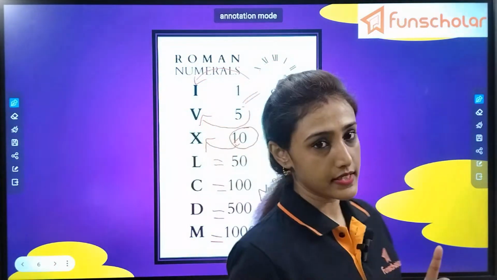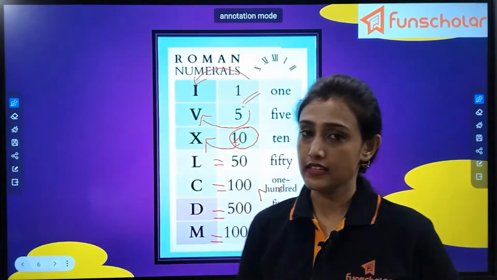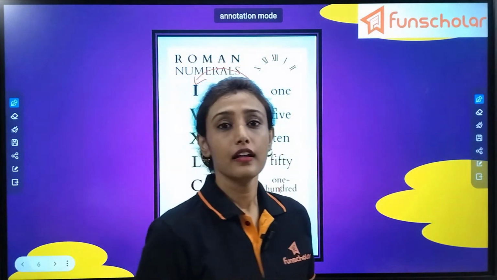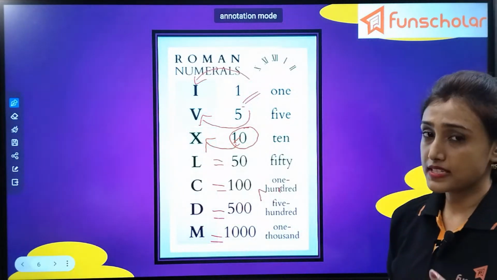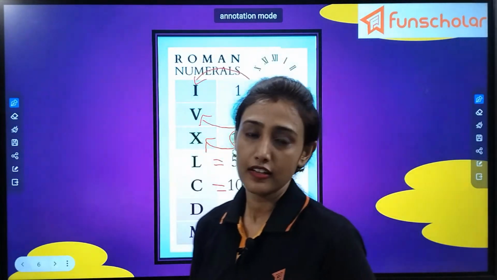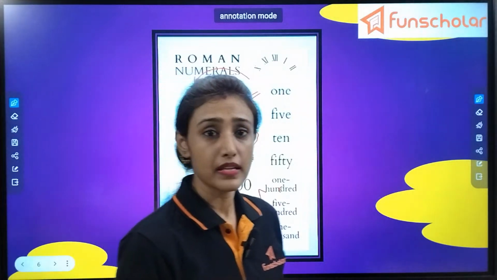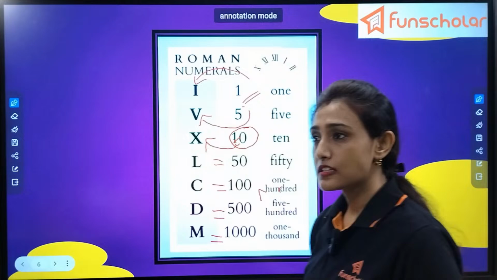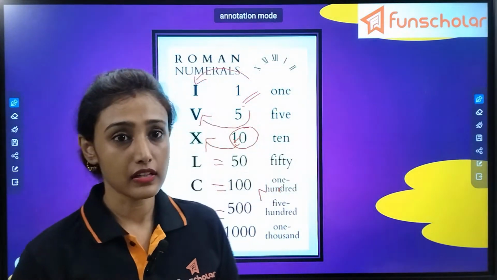1 is represented as I. 5 is represented as V. Then L is represented as 50. Then C is represented as 100. Then D is represented as 500.